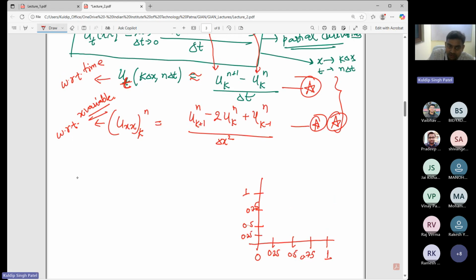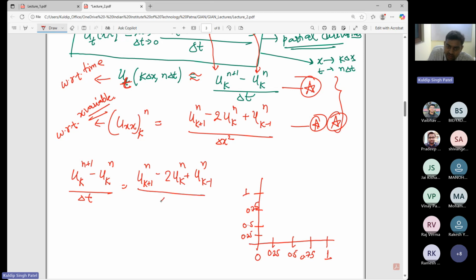Now what equation do we have? Please see from above. The discrete form of the PDE we have is (u_k^{n+1} minus u_k^n) upon delta t equals (u_{k+1}^n minus 2u_k^n plus u_{k-1}^n) upon delta x square.